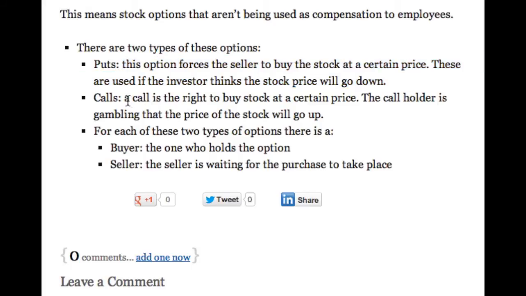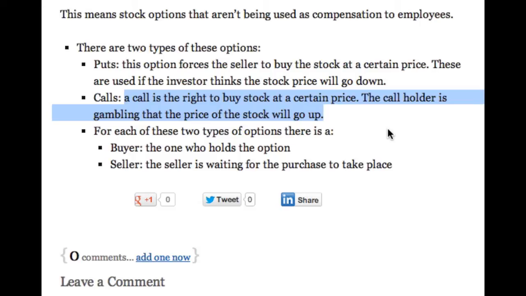Now, a call is the opposite. It's the right to buy stock at a certain price. The call holder, or the buyer in this example, is gambling that the price of the stock is going to go up.